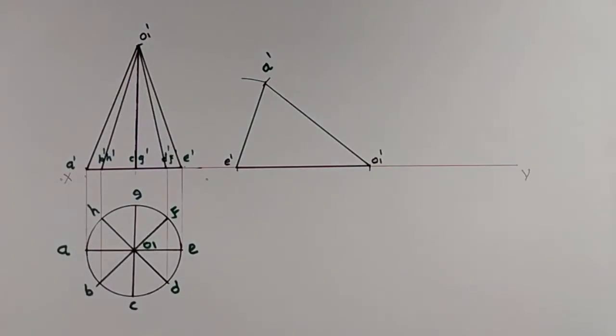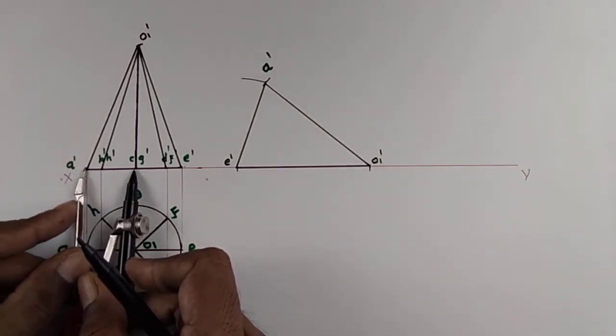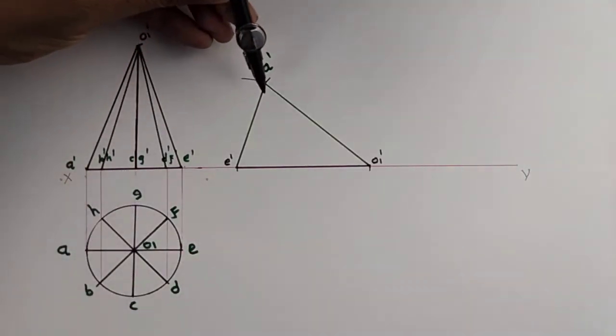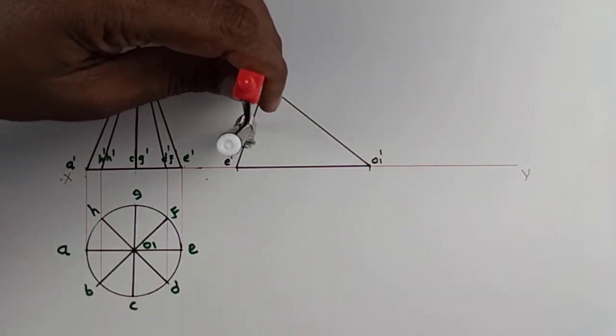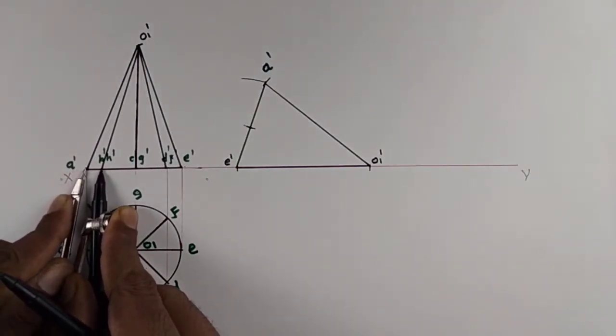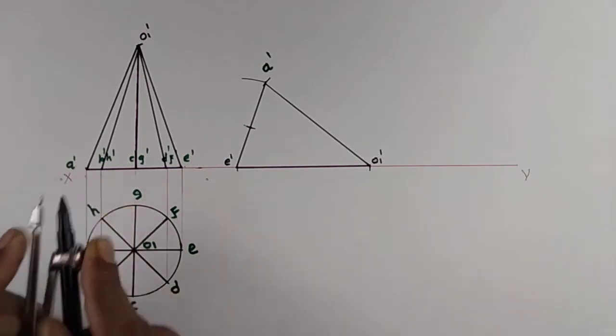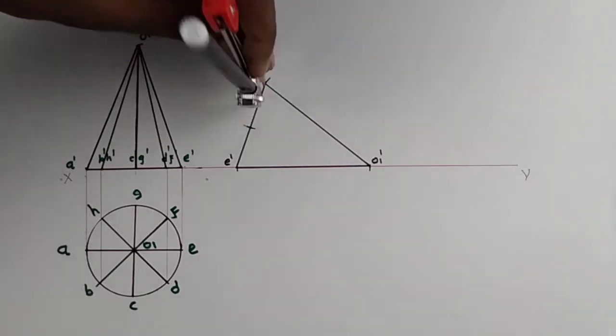Similarly, you can mark the axis point C dash G dash on the base line, with A dash C dash as radius and A dash as center. Similarly, A dash H dash is a radius with center A dash, and you can draw the arc.